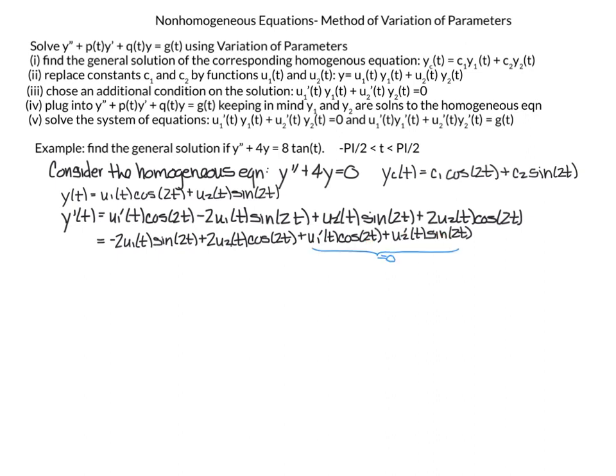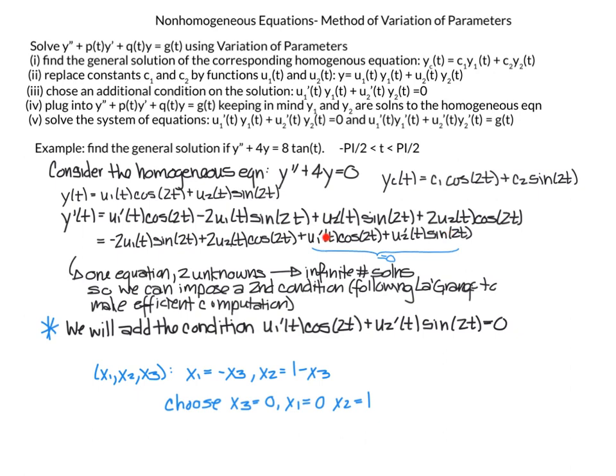When we come to step 3, we're going to impose this additional constraint: the u1 prime and u2 prime terms have to add together to equal 0. So these last two terms, the ones with the primes, u1 prime cosine 2t plus u2 prime sine 2t, added together go to 0.